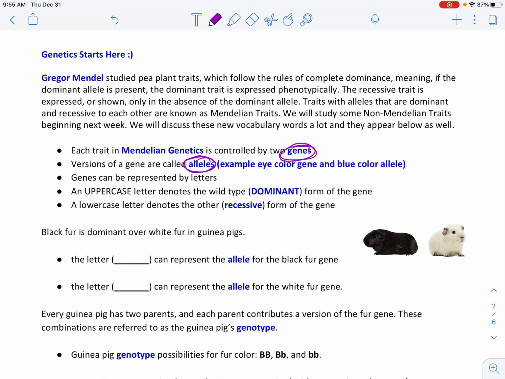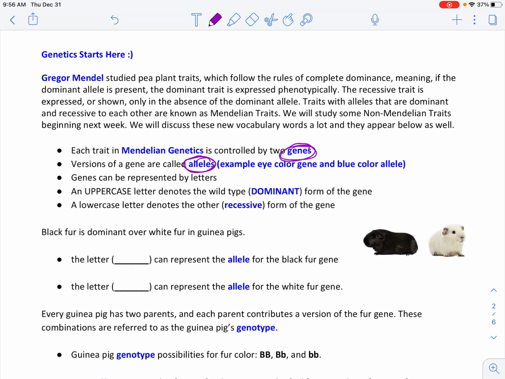So let's say you have one of each version of the gene, because you're going to have two versions of every gene because you have two parents, biological mother, biological father, and each parent contributed one allele, a version of that gene. So if you got a brown-eyed allele and a blue-eyed allele, if the brown-eyed is dominant, then you're going to have brown eyes, not blue eyes.